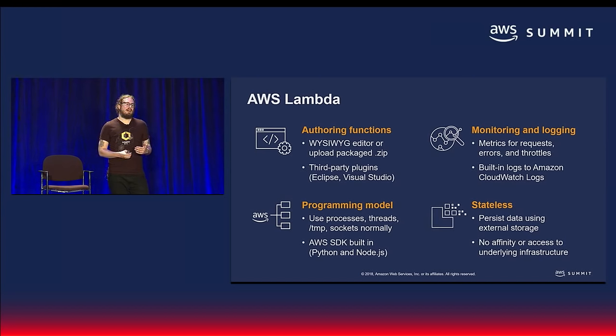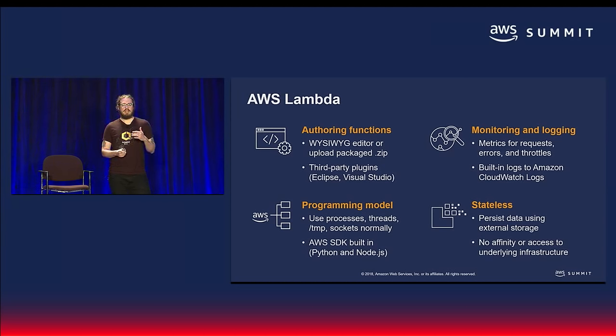Lambda also provides a lot of visibility into monitoring and logging. Not only metrics for the requests, but metrics for failures. And all the logs, everything that happens inside that Lambda that you log, will go into CloudWatch logs. It's also really designed for a stateless architecture. So this is another aspect of the modern application architecture, the idea of statelessness.